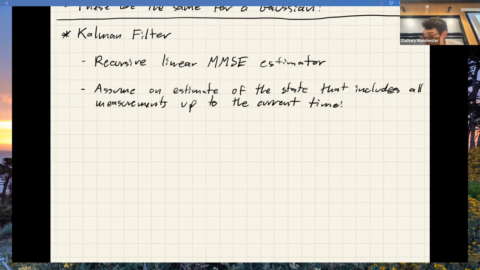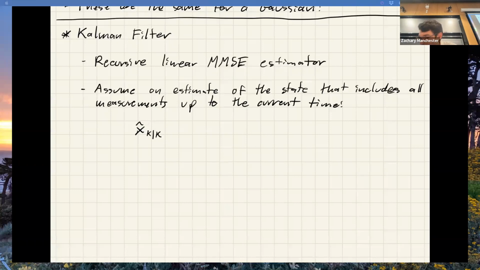Okay, so there's going to be some notation here. We're going to write that as x hat, which is the mean, the expected value, k given k. That means it's x hat k, the estimate at time k, given all measurements, all y's up to time k.